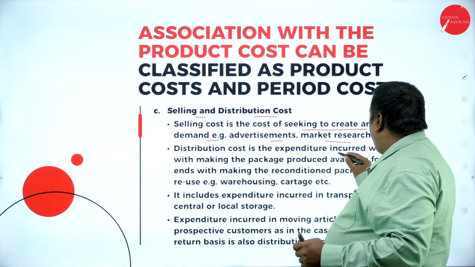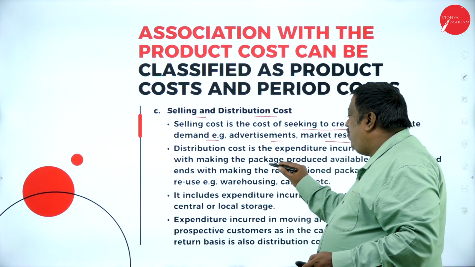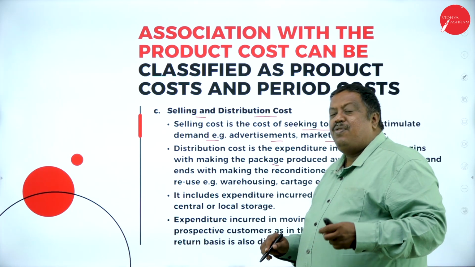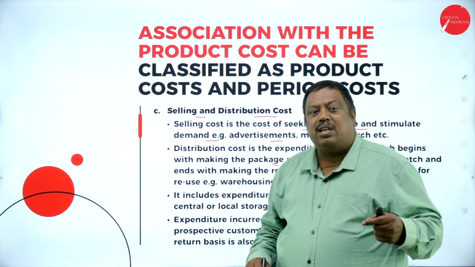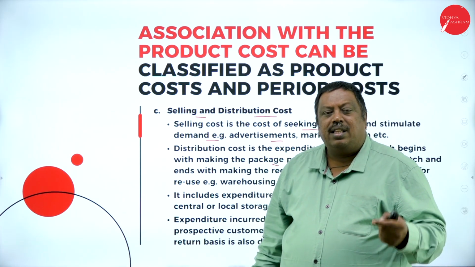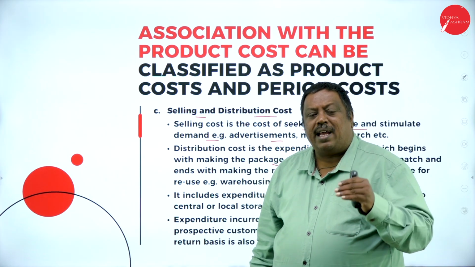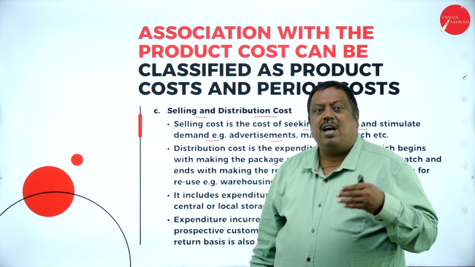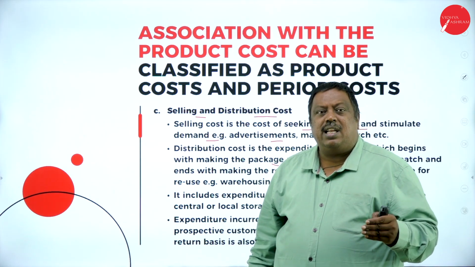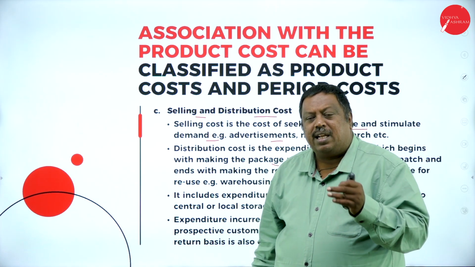Distribution is an amount of expenditure which begins with the package. Means if I want to supply the goods to my market, the distribution starts from the packing, packaging and other activities till it has been used by the consumer.